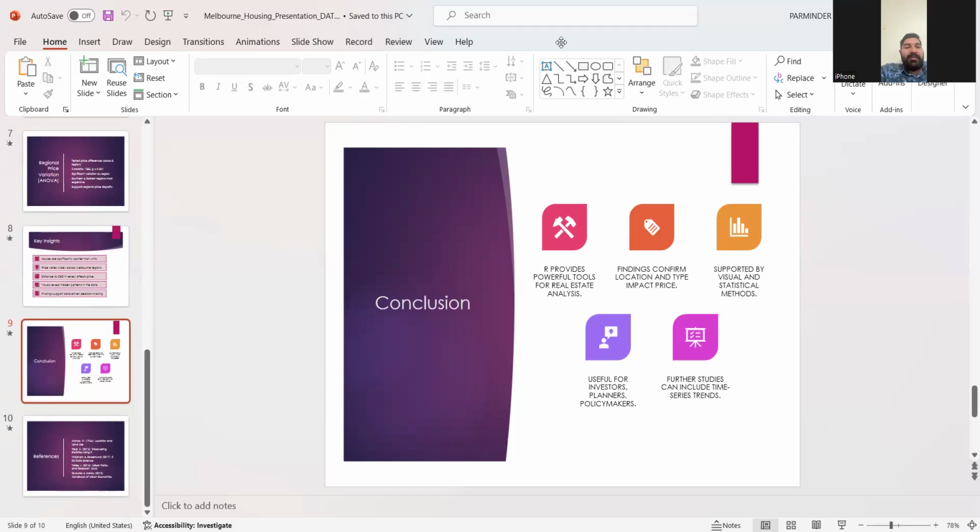These insights are valuable not only for buyers and sellers, but also for urban planners and policymakers aiming to address housing affordability. Future research could incorporate a temporal element like sale date to study trends over time and adjust for inflation.